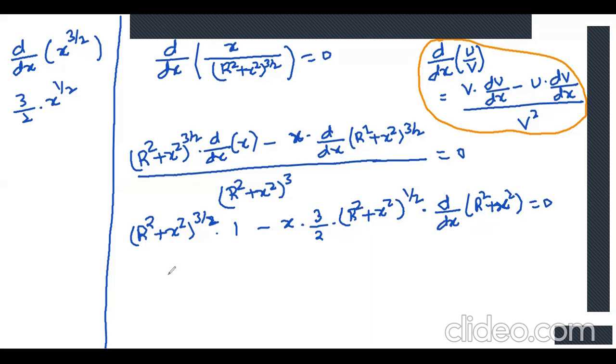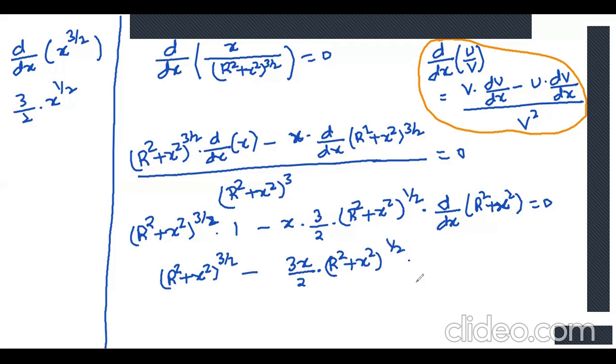So (r square plus x square) whole power 3 by 2 minus 3x by 2 into (r square plus x square) whole power half. Capital R means radius, which is a constant.